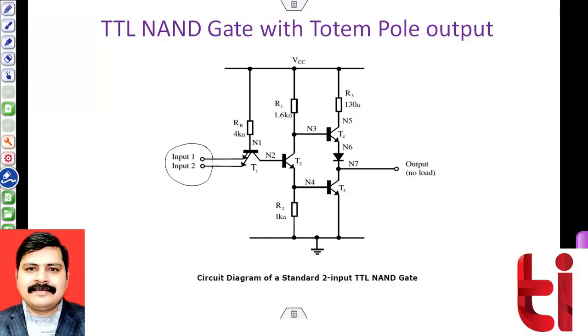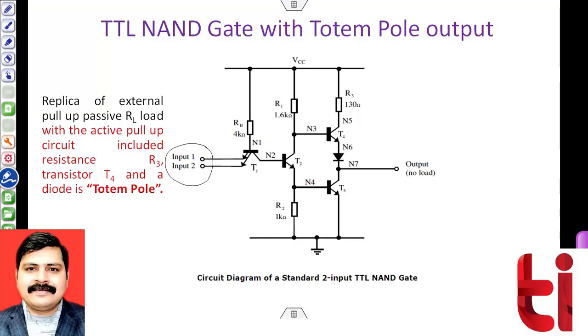These are similar. Resistances RB, R1 and R2 were there. However, if you check this particular part, to the collector of transistor T3 we had connected one external resistor. That was a passive resistor. Over here, we have replaced that external passive resistor by a combination of circuit, and as transistor and diodes are there, this is an active circuit, and this particular segment is known as the totem pole.